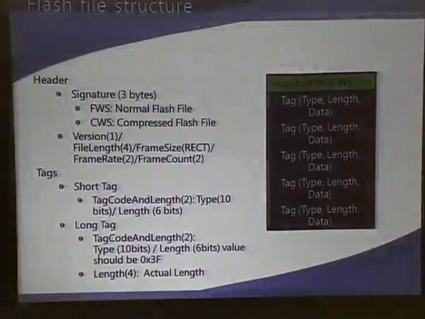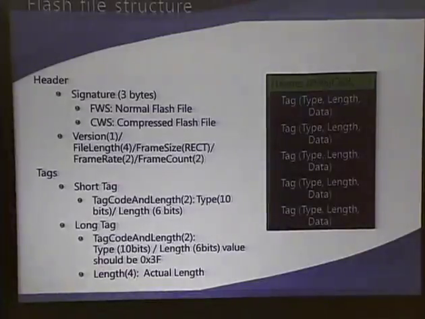To understand what AVM is, maybe we need to look into the format of the flash file. The flash file consists of a header and tags. The header has a signature, a version number, and a length field, and then it has tags. The tags hold individual data, with a type, length, and data structure, so each type has its own format.